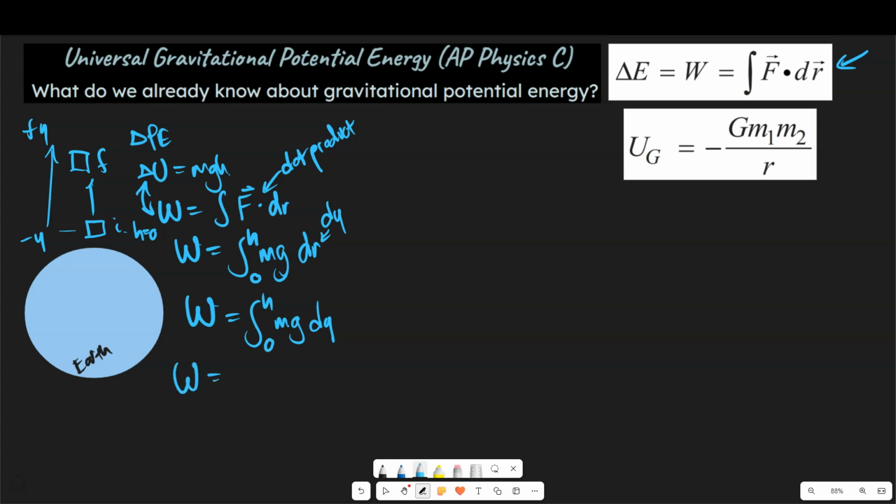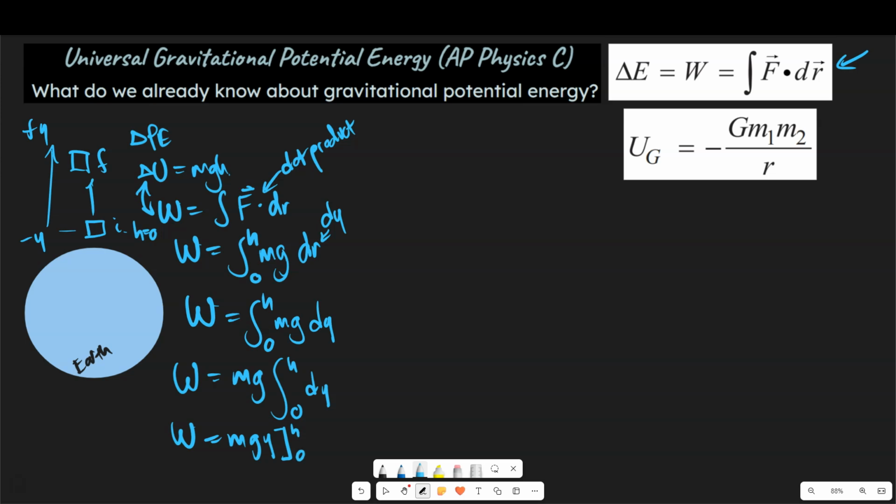Now we could continue with this and we would say, all right, m and g are constant, and this is really important that we're going to come back to later, but this is dy here. So we could say our work is equal to mgy evaluated from 0 to h.